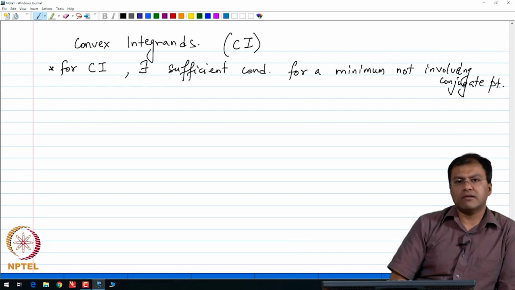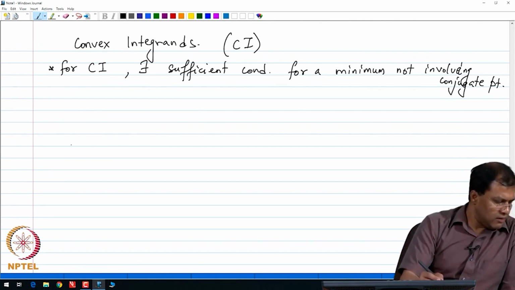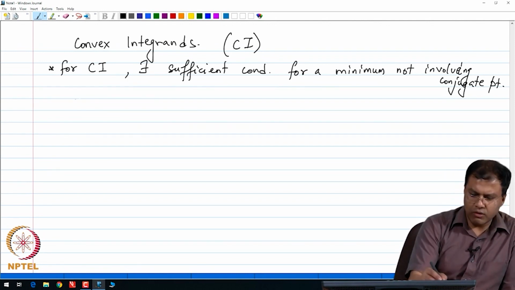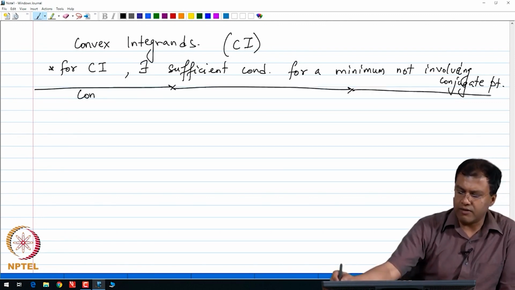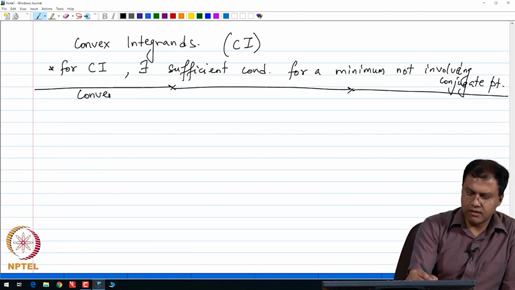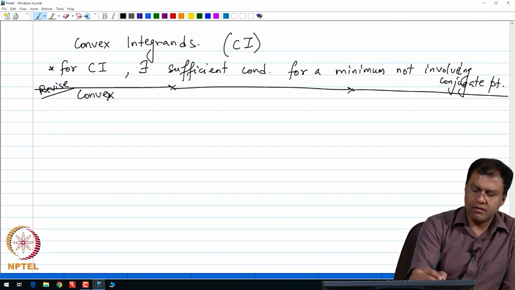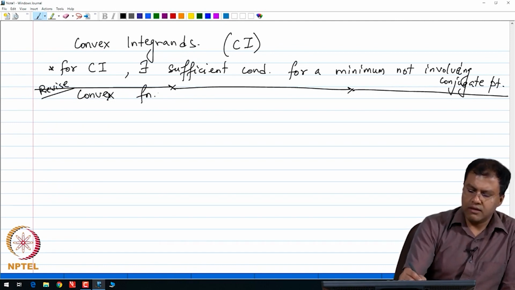Let me just revise the basics of convex functions and convex sets from our finite dimensional case. Let us start our revision in Rn. So, convex functions in Rn.